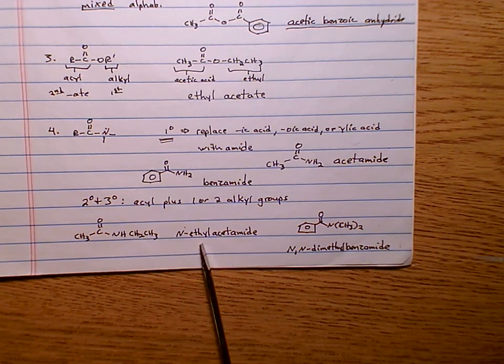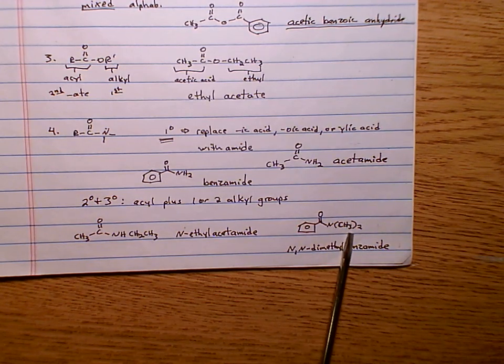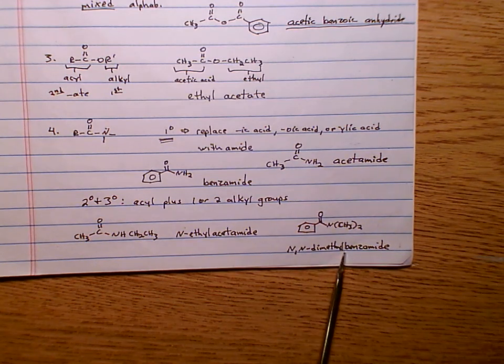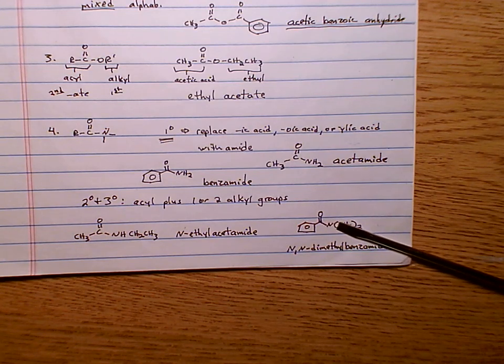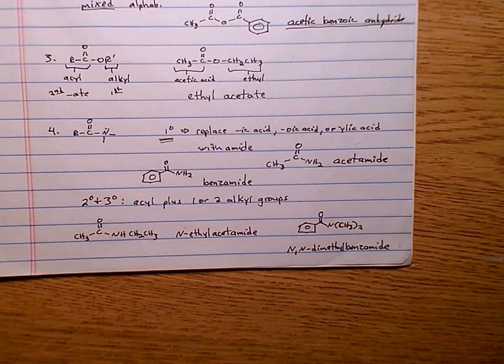This is N-ethyl acetamide. Note right here, if there were two CH3s on this, it would be N,N-dimethylbenzamide. Benzoic acid becomes benzamide, N,N-dimethyl. Cool.